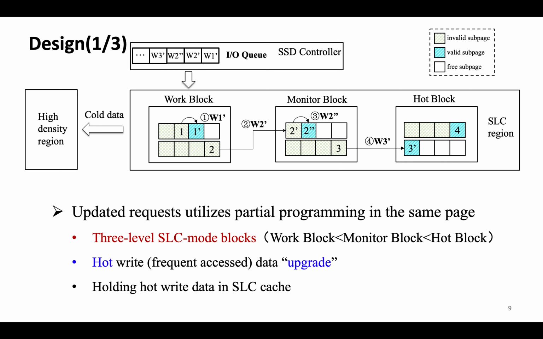When the block is full, the updated request should be written into the next level block, such as monitor block and hot block. That is to say, hot write data upgrade from the work block into the monitor block and the hot block. Finally, the hot write data can be held in the SLC cache.